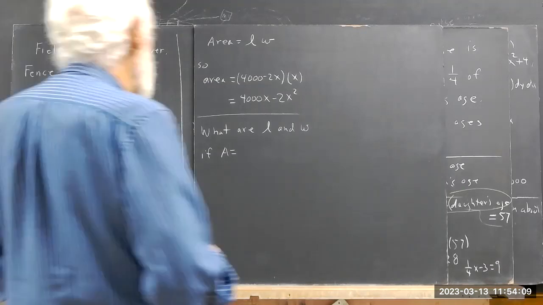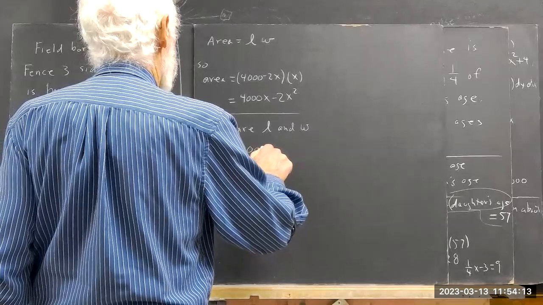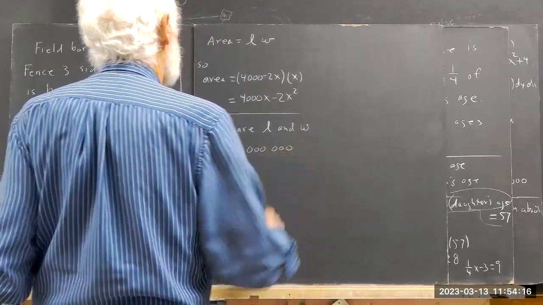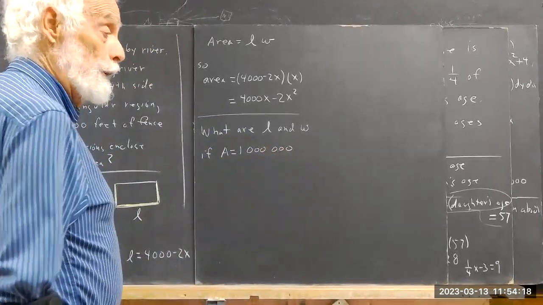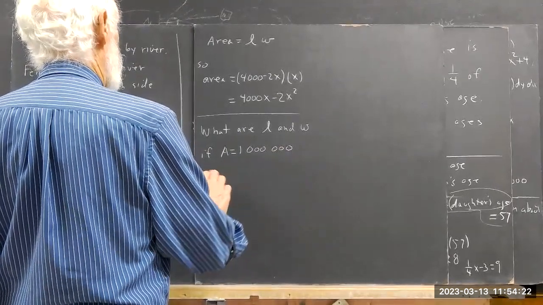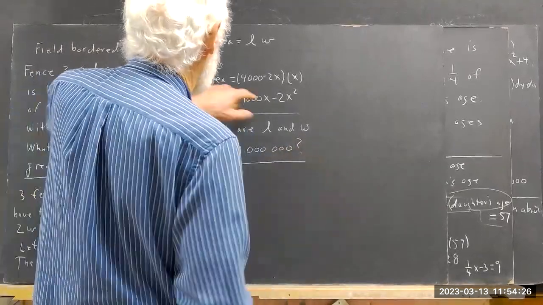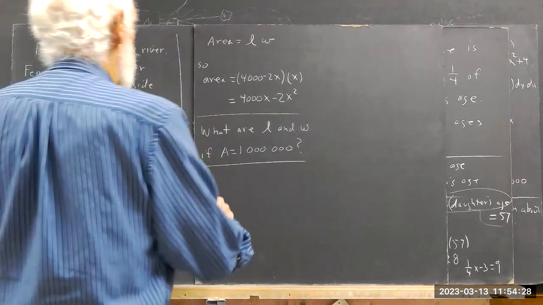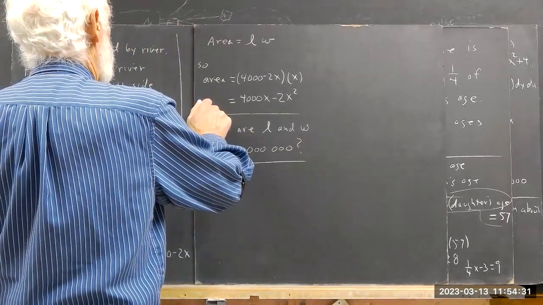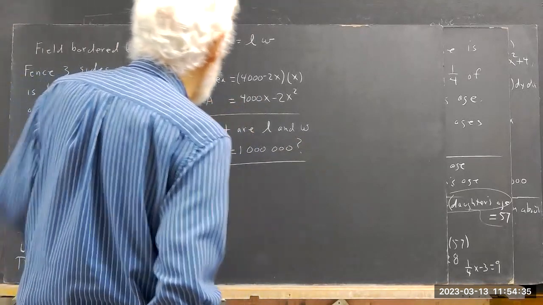For this situation, if the area is 1,000,000, let's see if we can take this knowledge. I'll just use A for area.